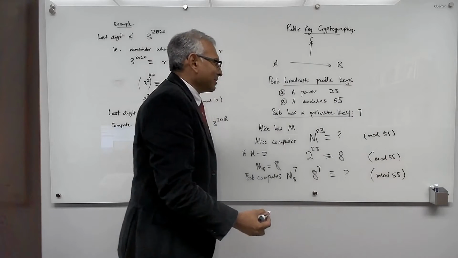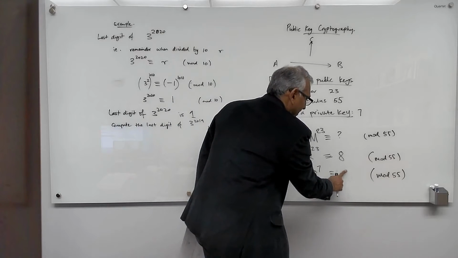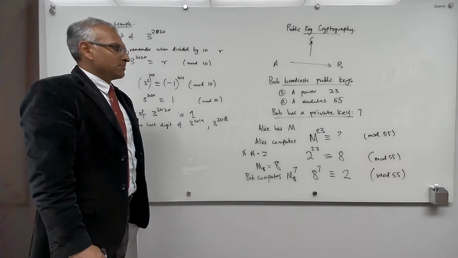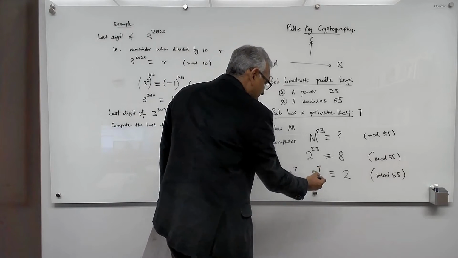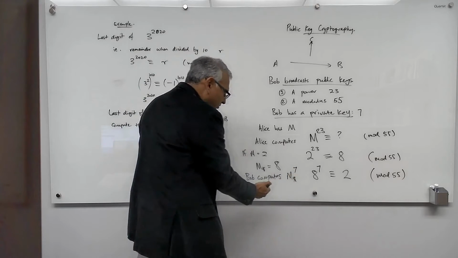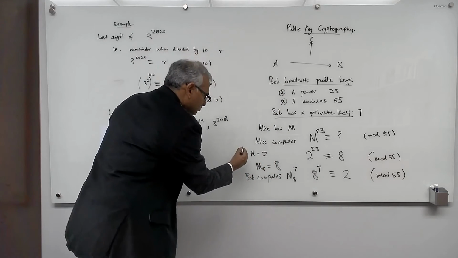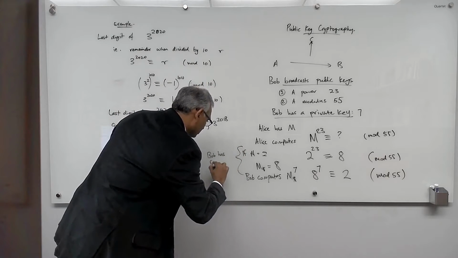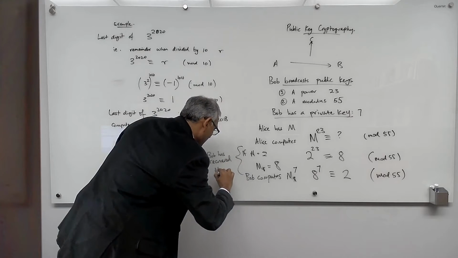And lo and behold, you will find that 8 raised to the power 7 is congruent to 2 in the mod 55 world. You can go and do these exercises, and you will see that, wait, look, Bob has recovered 2, which is the original message M.